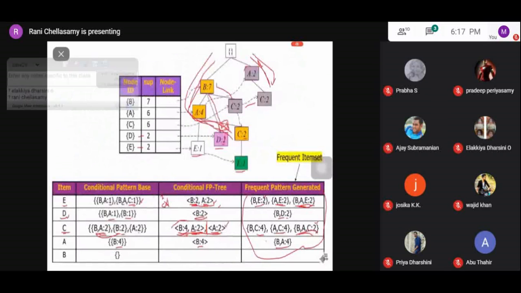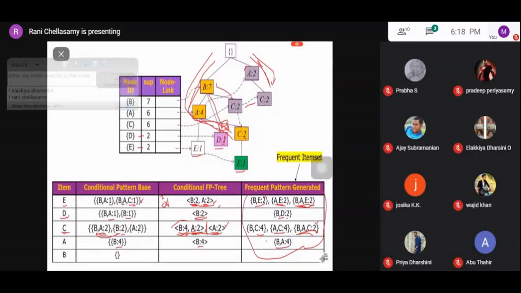A. So join with E. So A comma E, the count is 2. Fine. Again, you can have these two, B comma A comma E. So the count is 2. So you can generate the first frequent item set for the item E. With the item E you have generated.